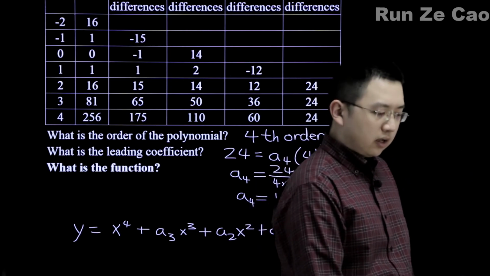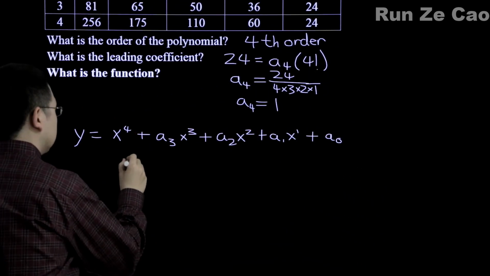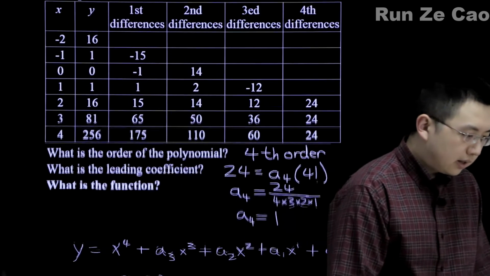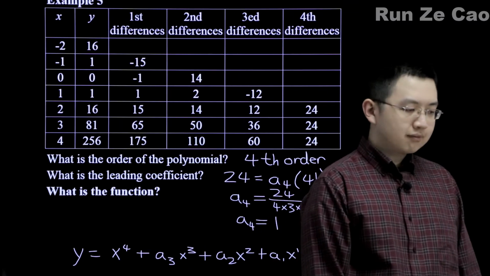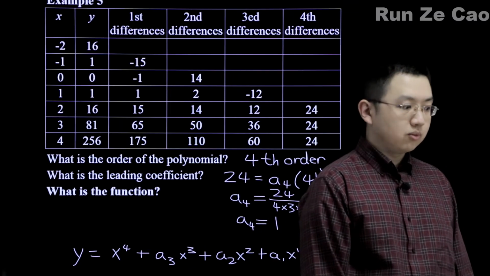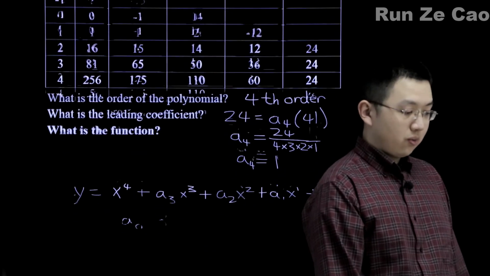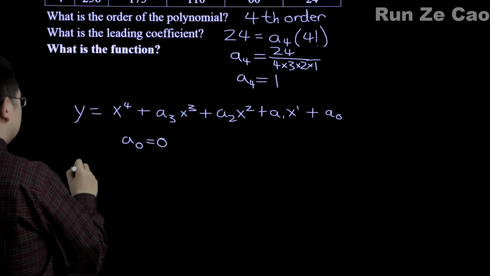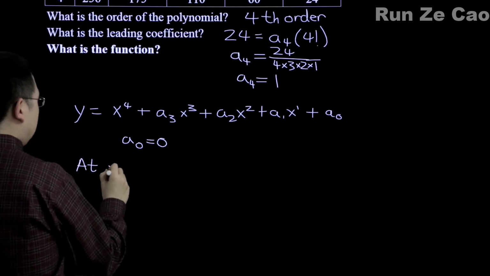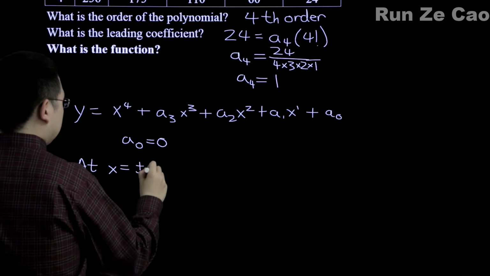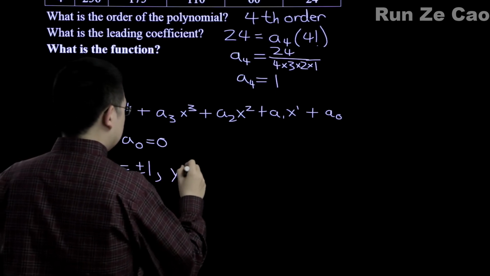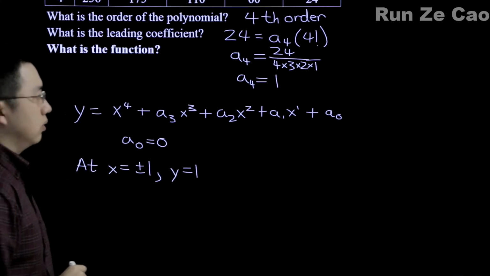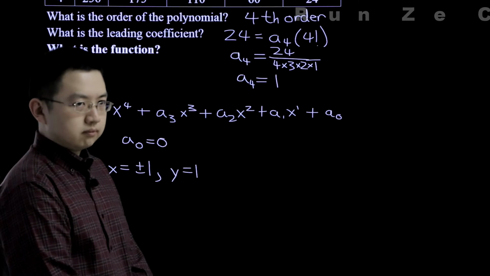Well, first of all, we found a0 equals 0, because at x equals 0, y equals 0. And then what? At x equals 1 or negative 1, y is 1. So x equals plus minus 1, y equals 1. This leads us to one conclusion.